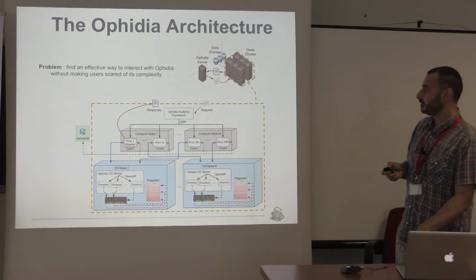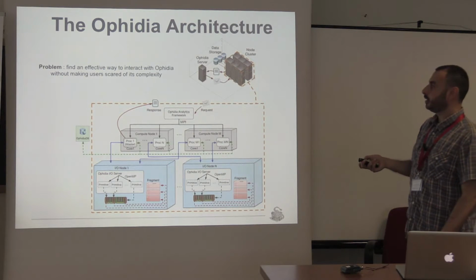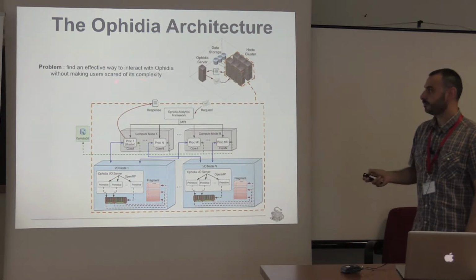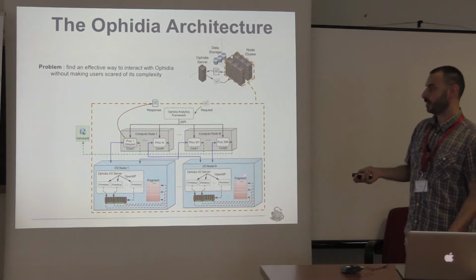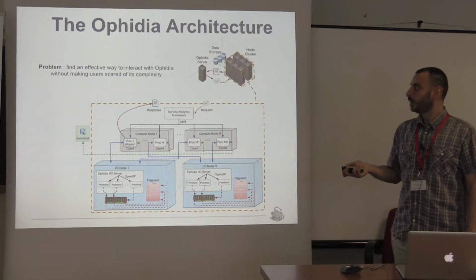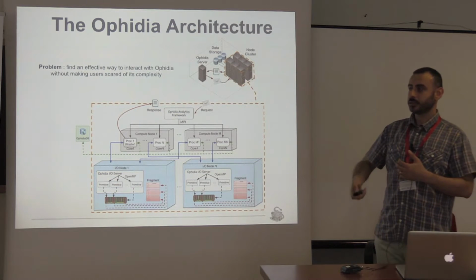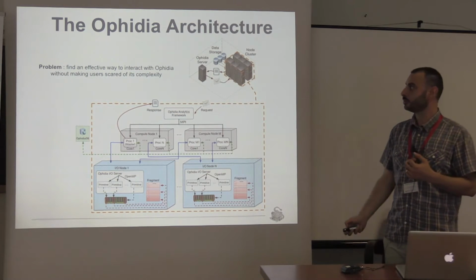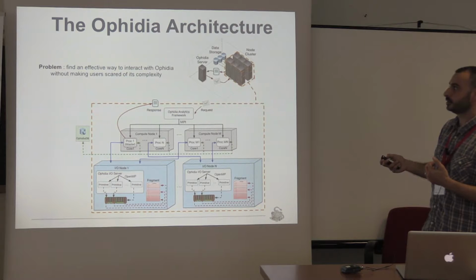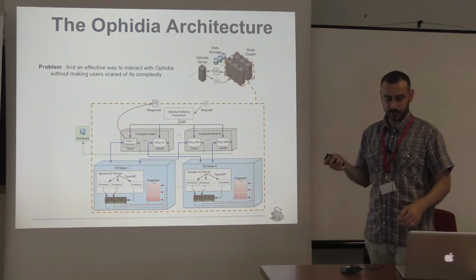As I said in my previous presentation, Ophidia exploits a very complex architecture formed by many layers. So in order to hide this complexity from the user, we wanted to find an effective way to interact with Ophidia without making the user scared of its complexity.